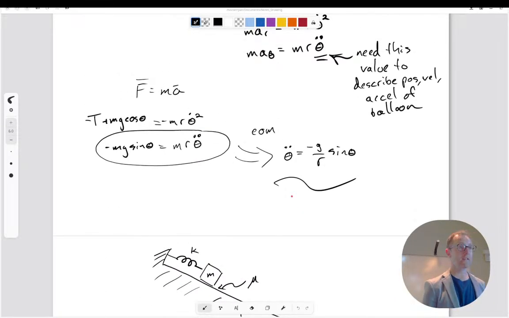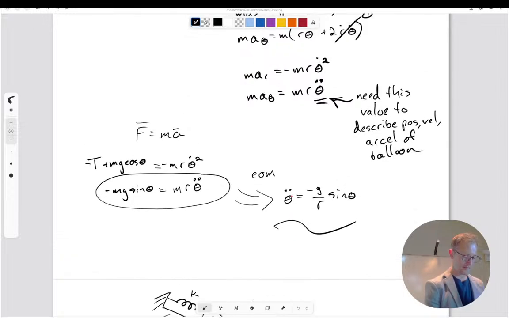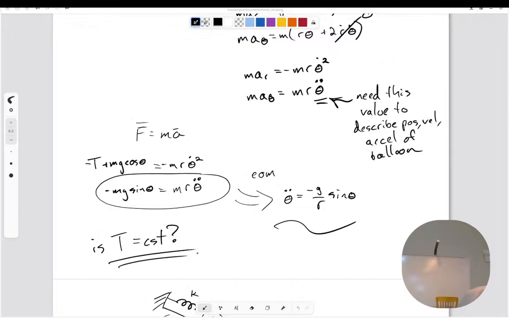For tension? That is a great question. Can we assume tension is constant? Is tension constant? Yes, constant? Not constant?